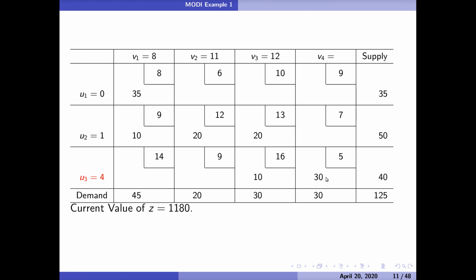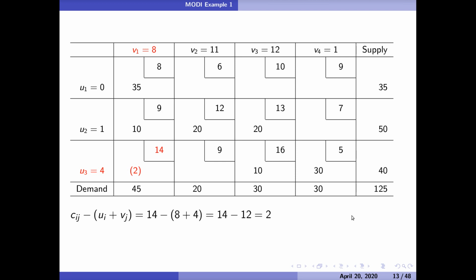And if that's 4 and this is 5, that means v4 must be 1. Good. We have now computed all of our ui and vj. Now let's compute the cells here for the non-basic variables.